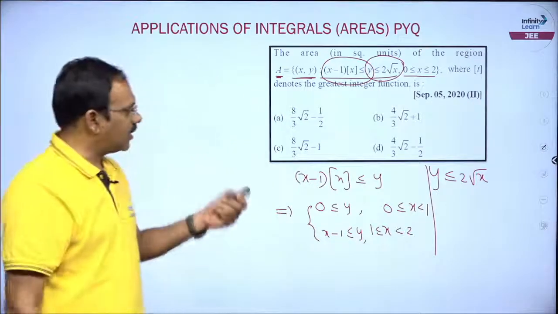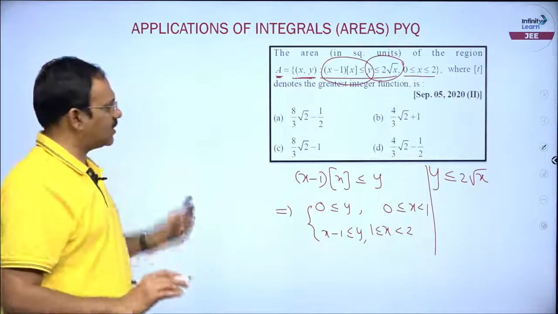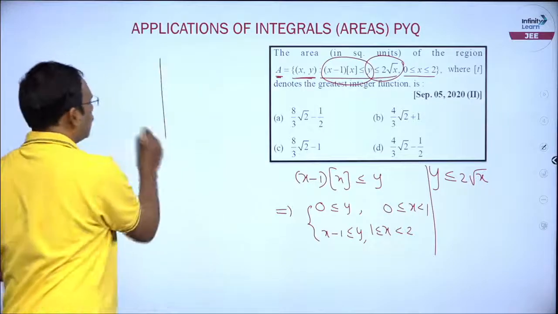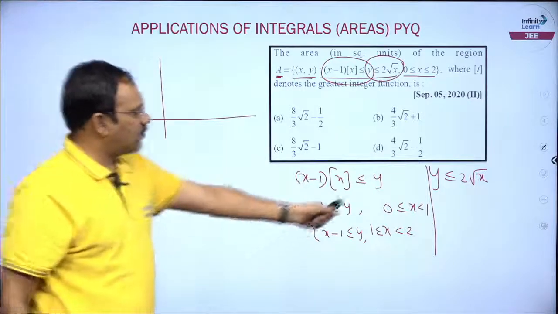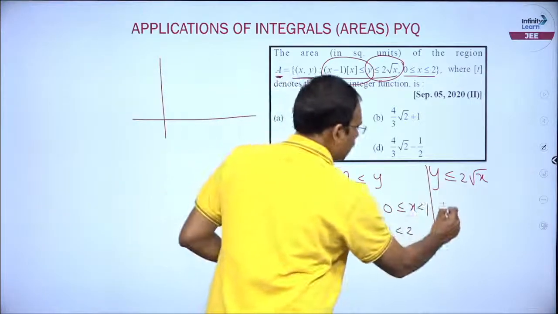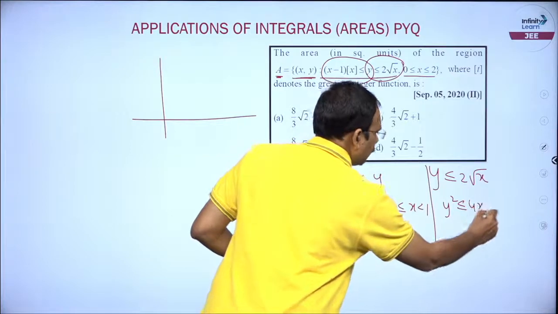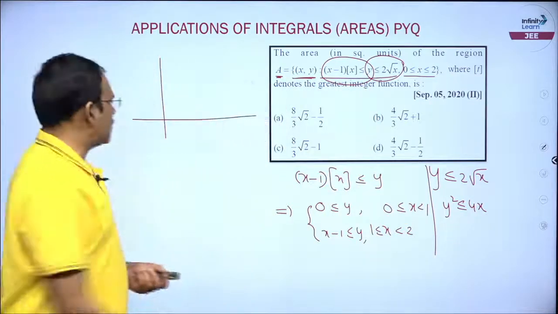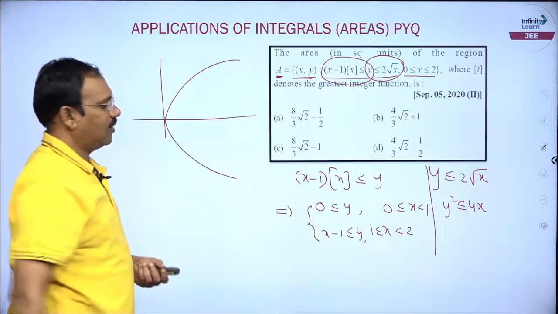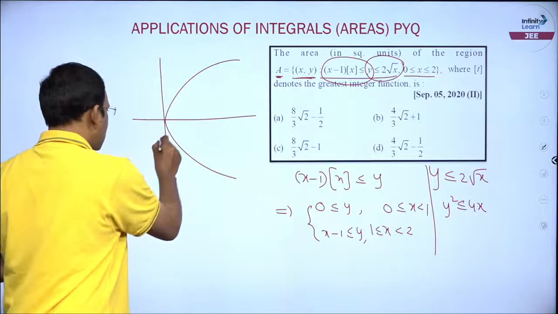So now the curve is very clear. Step 1 we are clear with the curves, step 2 try to draw the graph. This is y less than or equal to 2 root x, clearly x must be positive. You can also treat it like y square less than or equal to 4x, you already know, a right parabola. Now what region should you opt?